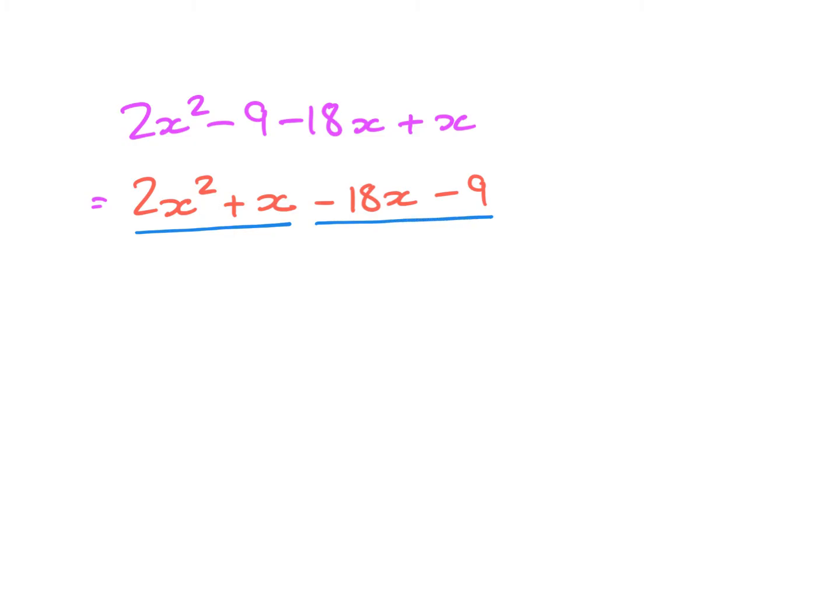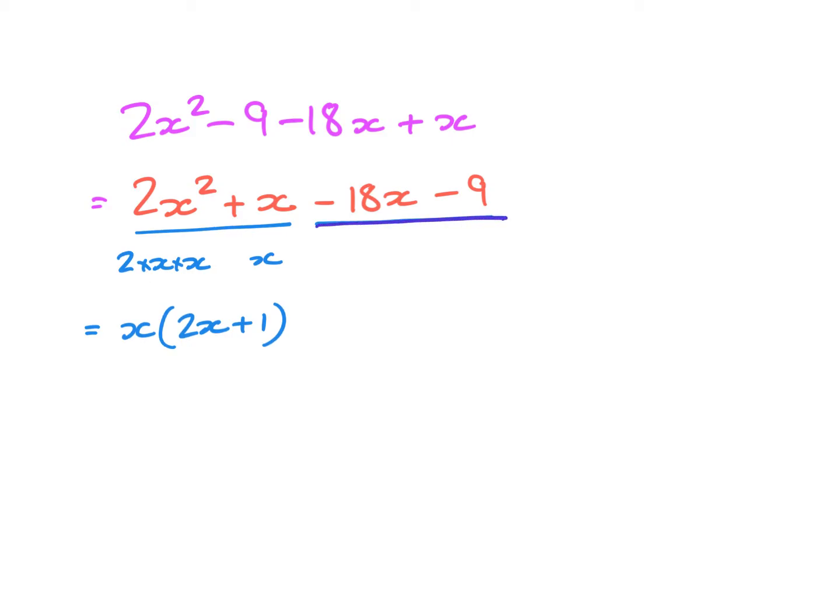So I know that 2x squared can be written as 2 multiplied by x, and obviously x stays as it is. So my common here is going to be x, and inside my bracket is going to be 2x, and I'm going to go plus 1 because x times 1 will give me x.